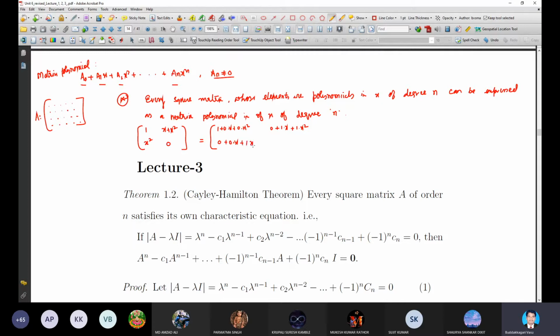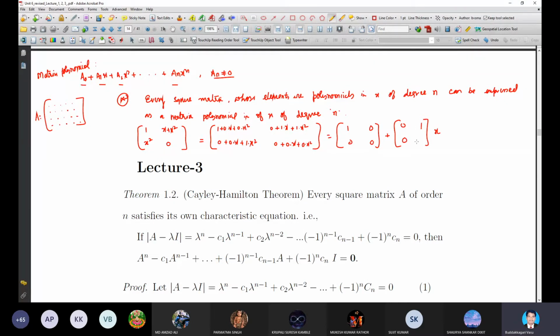Then we can write this as 1 0 0 0 into x power 0, plus the x coefficients, 0 1 0 0, plus the x square coefficients, 0 1 1 0.